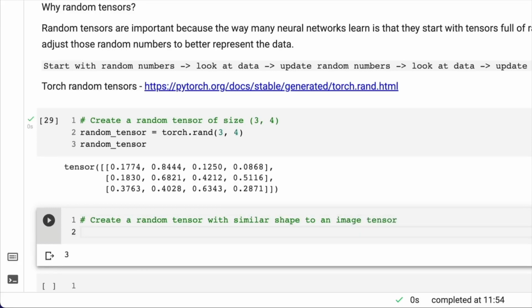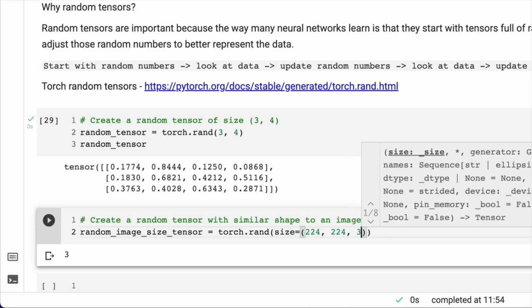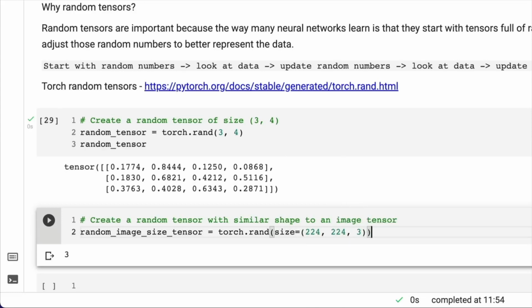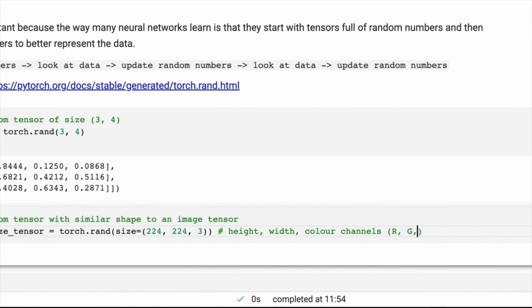So a lot of the time when we turn images into tensors, they're going to have, let me just write it in code for you first, size equals a height, a width, and a number of color channels. And so in this case, it's going to be height, width, color channels, and the color channels are red, green, blue.